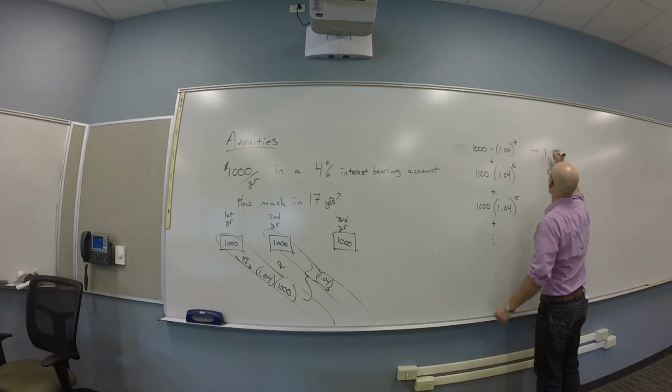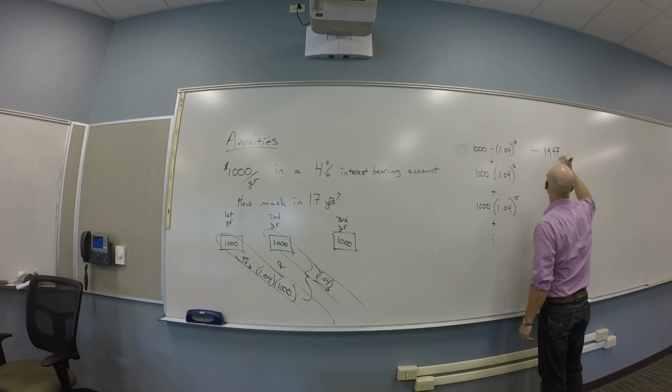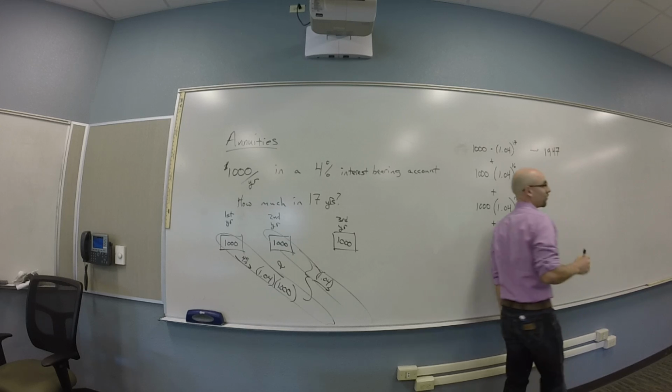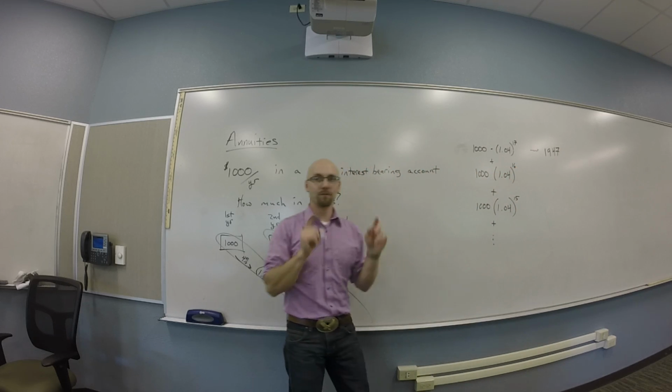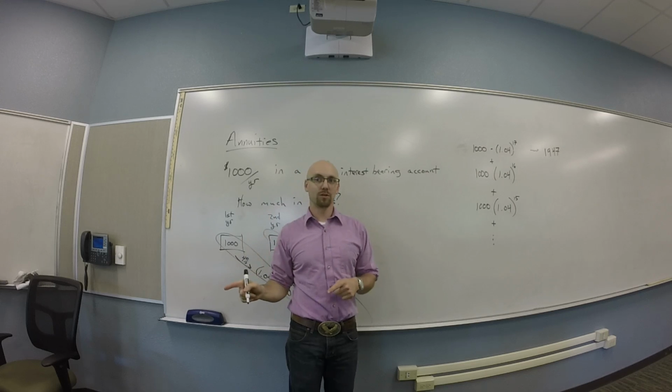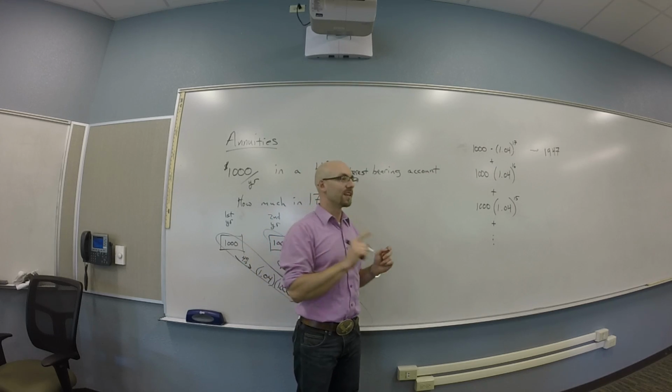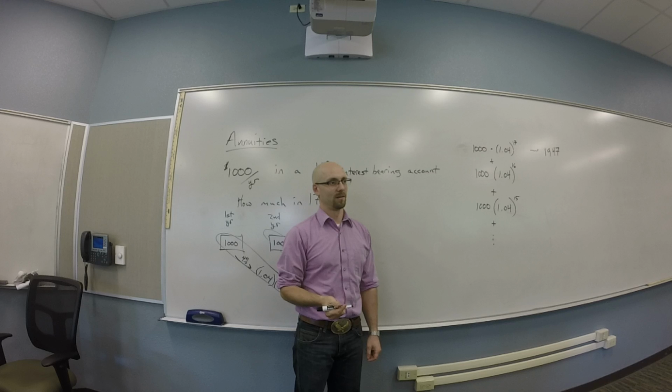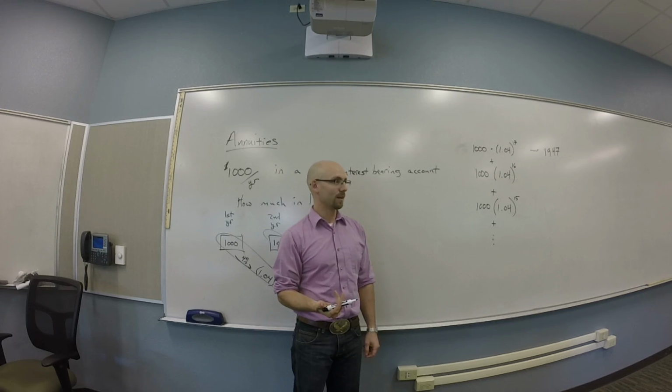That's the grand total of that number. So this one turns into roughly $2,000. The first $1,000 is worth $2,000 in the end. What's the last $1,000 worth? Basically $1,000.